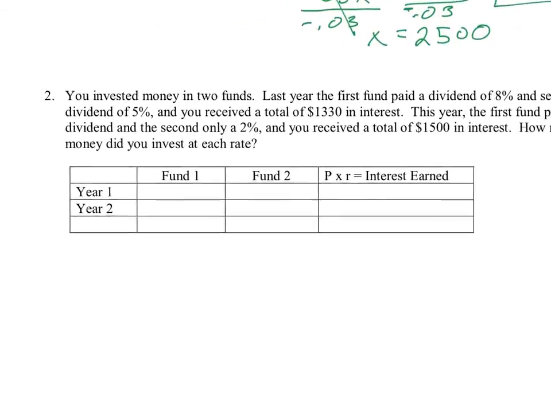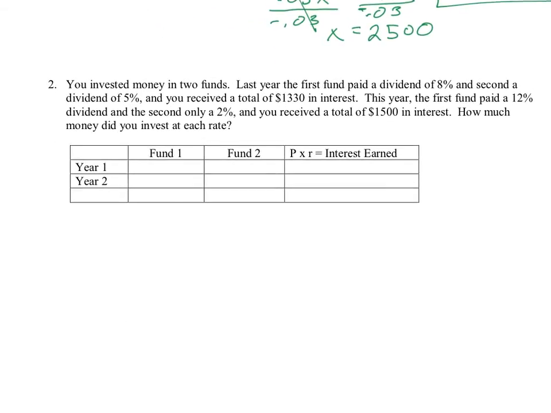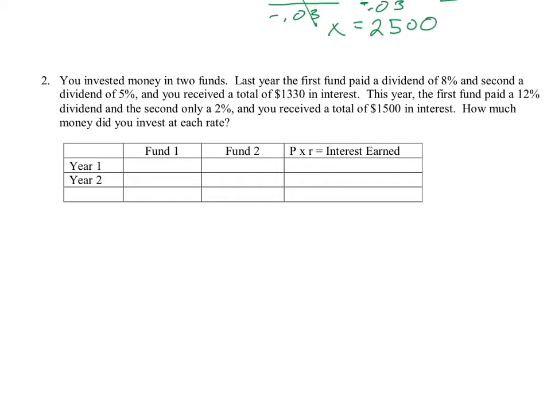All right, number 2. You invested money in 2 funds. Last year, the first fund paid a dividend of 8%. Here's my first fund. So last year was 8%, 0.08 of my X, and a second dividend of 5%.